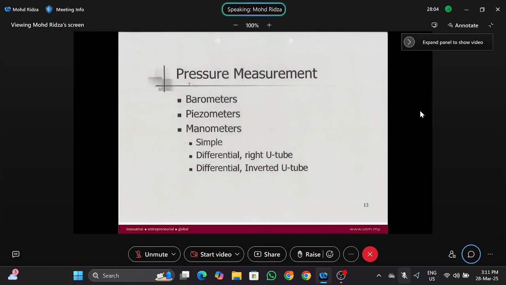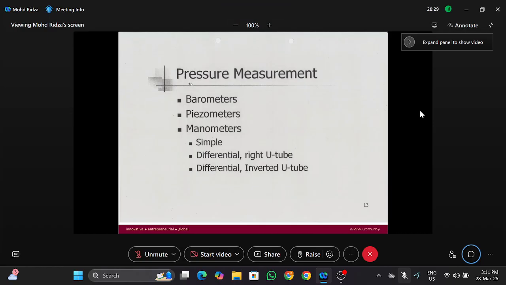Okay, now for today's class, we are going to learn about pressure measurement equipment. The equipment that we use to measure pressure: we have barometers, piezometers, and manometers. For manometers, we have three: simple manometer, differential U-tube, and differential inverted U-tube.